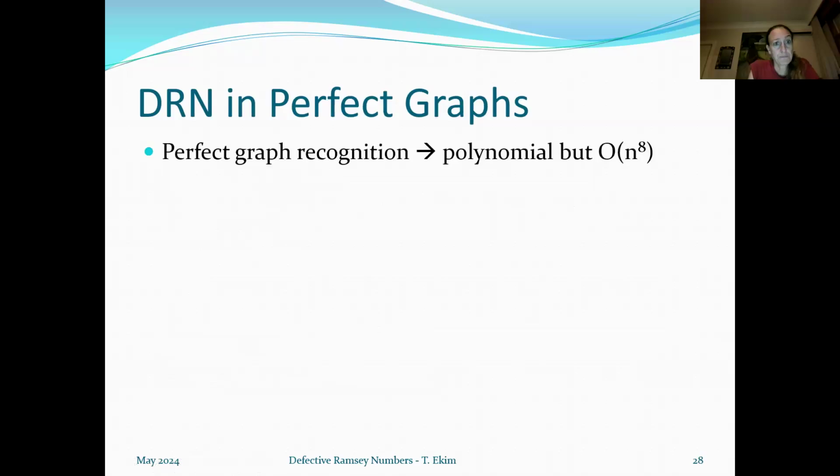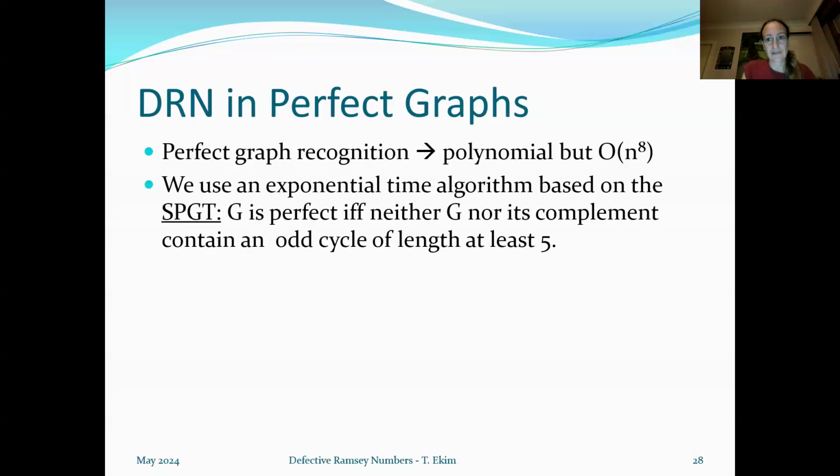Okay, perfect graph recognition. So we need to be able to check if a graph that we constructed is perfect or not. It is known that there's a polynomial time algorithm for this, but it is highly polynomial, n to the 8. So we prefer not to use it.